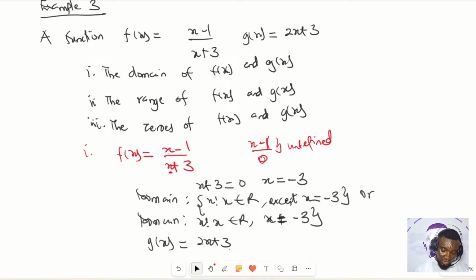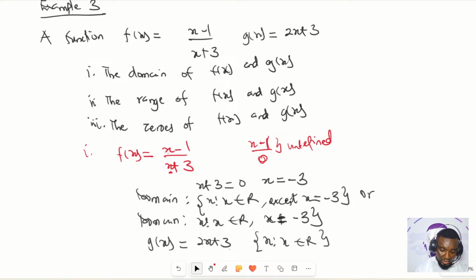In this case, you are going to say that the domain will be x such that x is a member of all real numbers. So that represents the domain of the function for g of x.